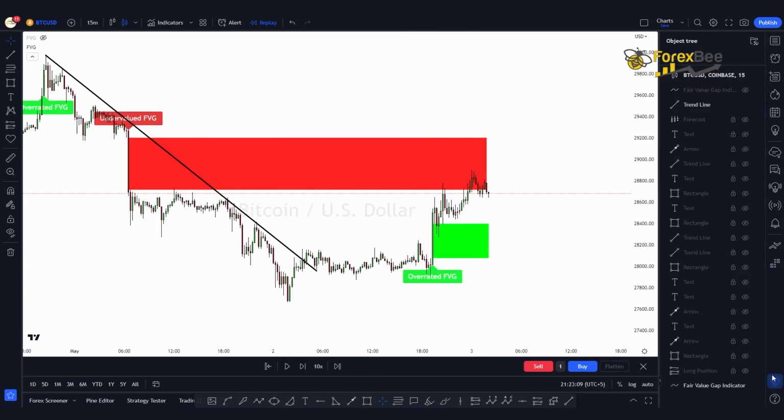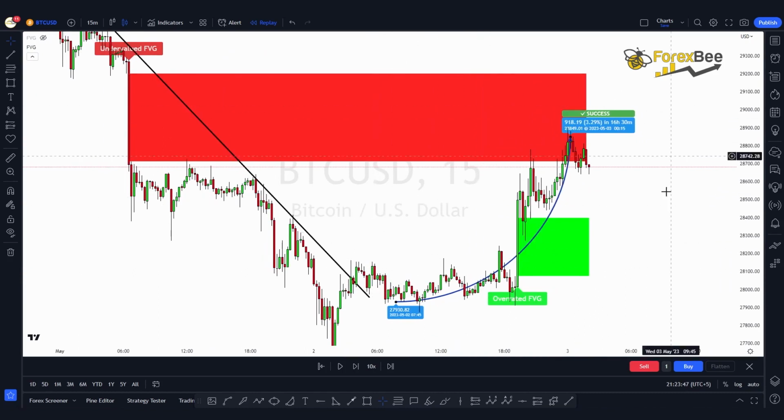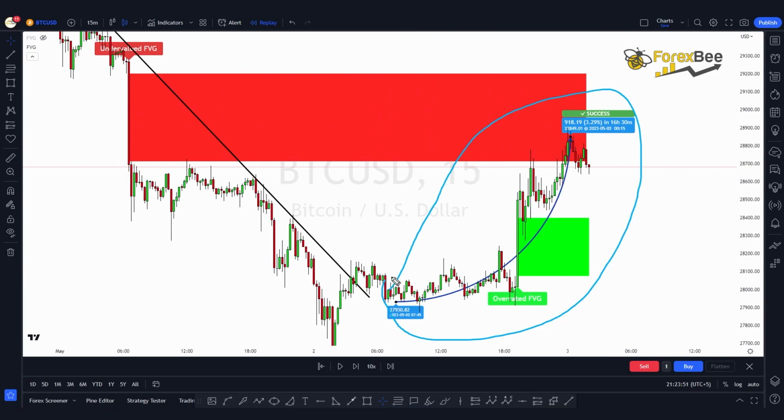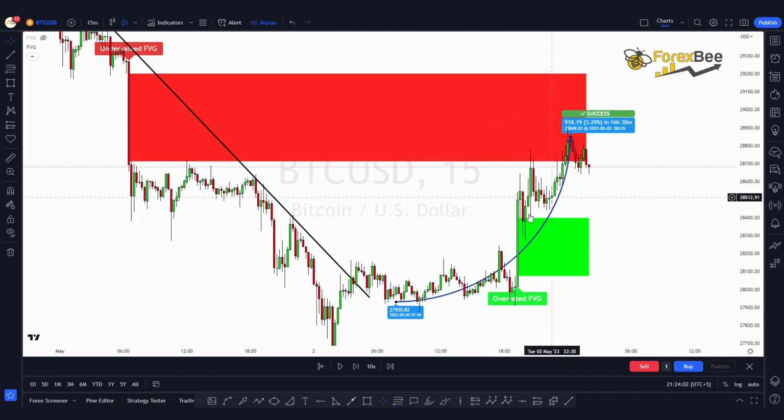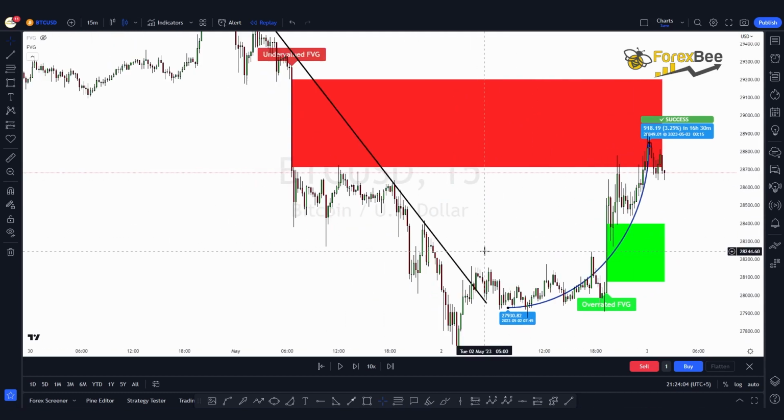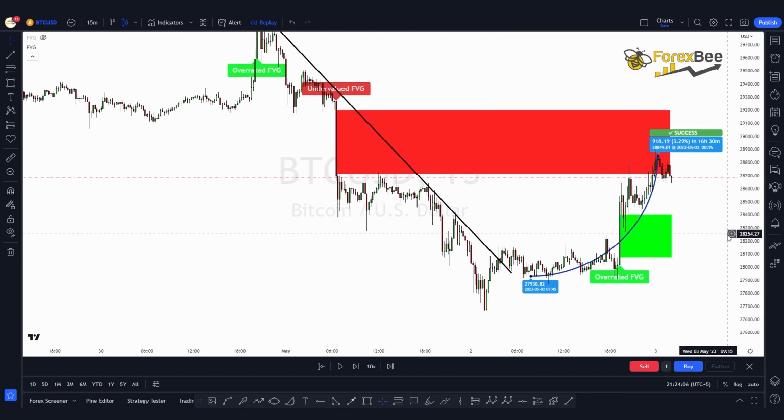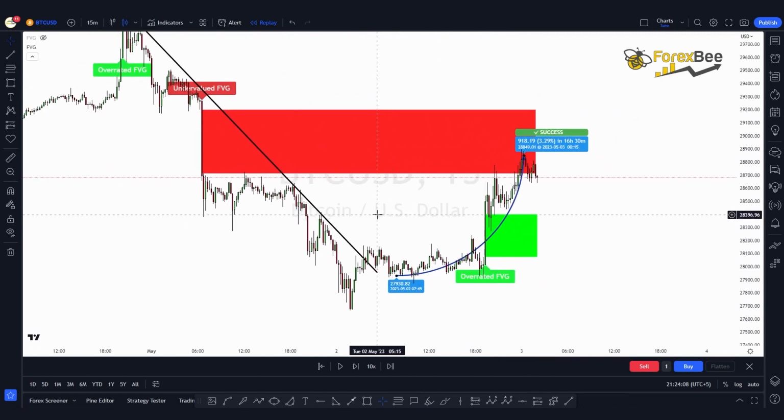We were able to capture this movement of the market, denoted here by this curve, because at this swing low we took our long position, and when the market reaches this fair value gap zone, we can close our position. So this is how you can use the fair value gaps indicator to take long and short positions in cryptocurrency, and specifically on Bitcoin.